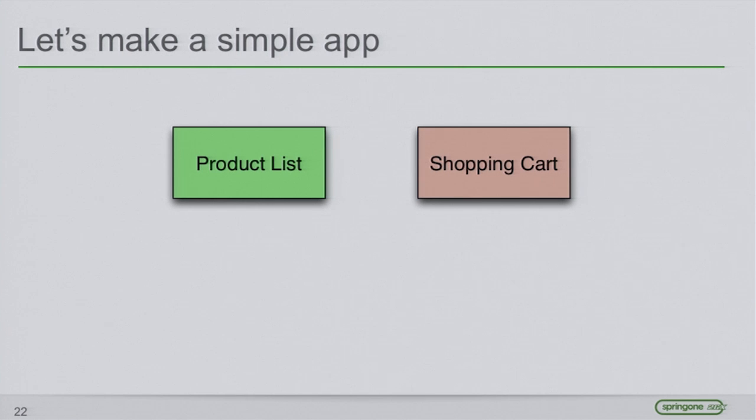Okay, so simple application. As engineers, we love to draw box and line diagrams. So we're going to start here. We've got really 2 things in our domain, right? We've got a product list, maybe product also, but product list and shopping cart. Very simple.